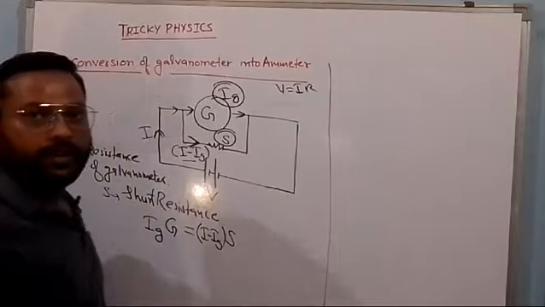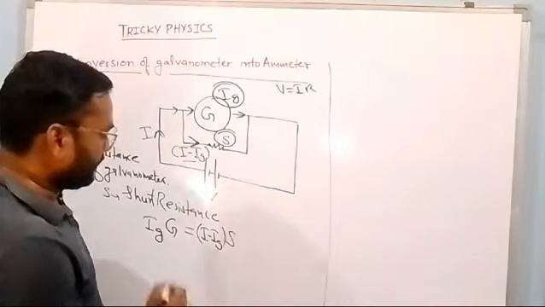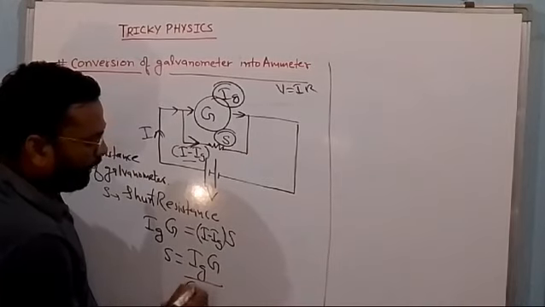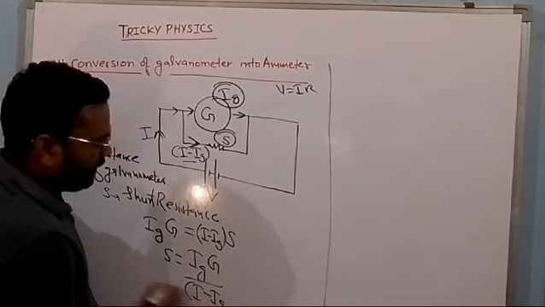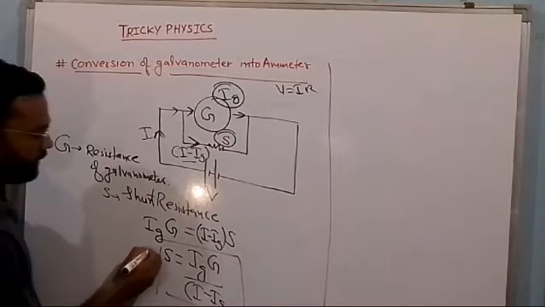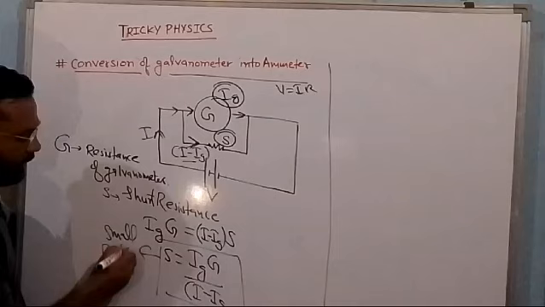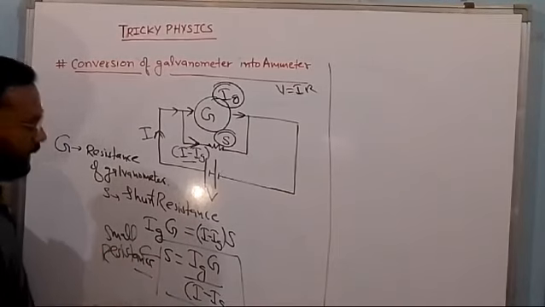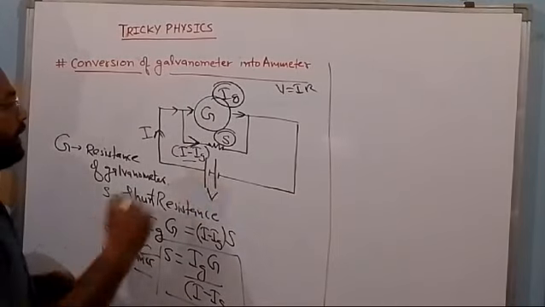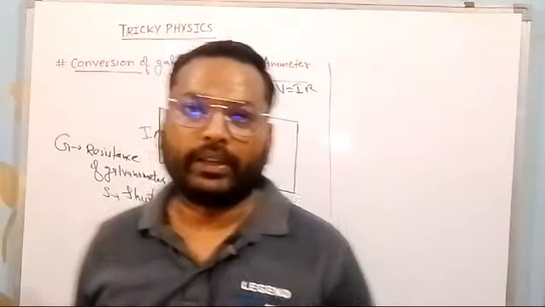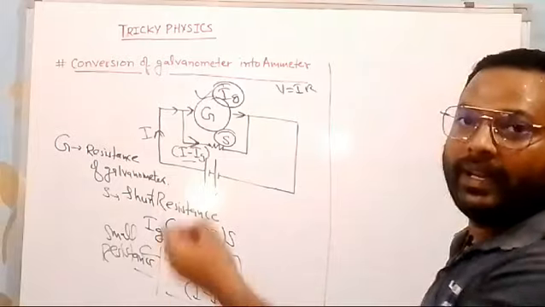So from here we can find the value of the shunt resistance: S is equal to Ig into capital G upon I minus Ig. This is the value of the small shunt resistance which we connected with this galvanometer to make it an ammeter.